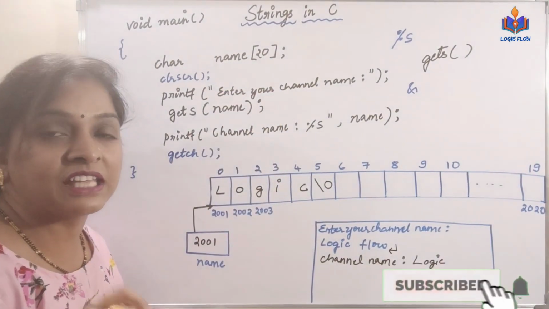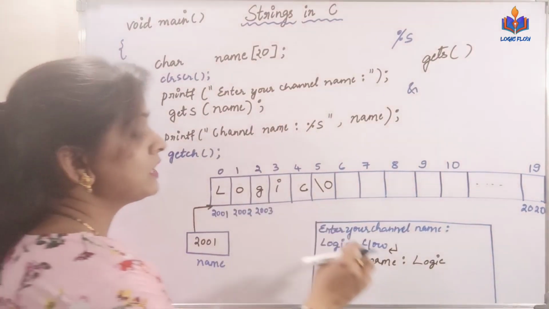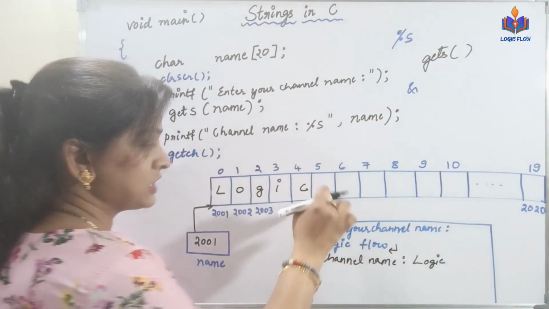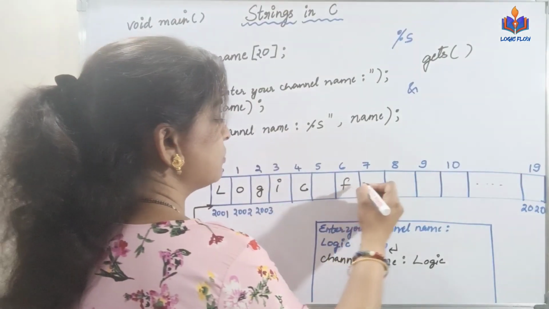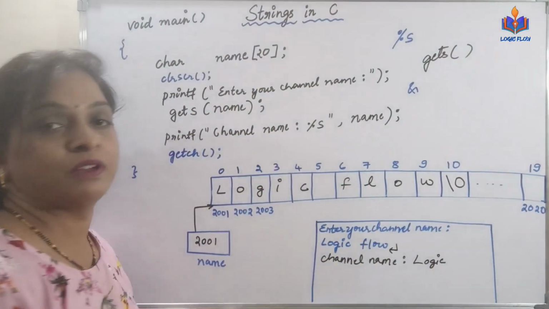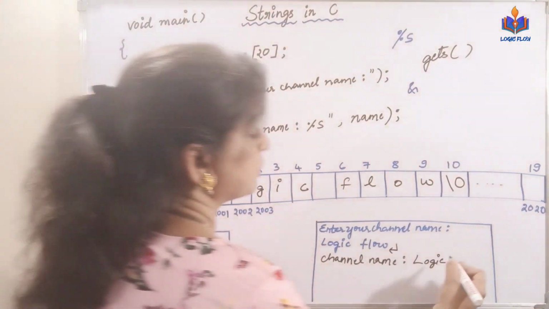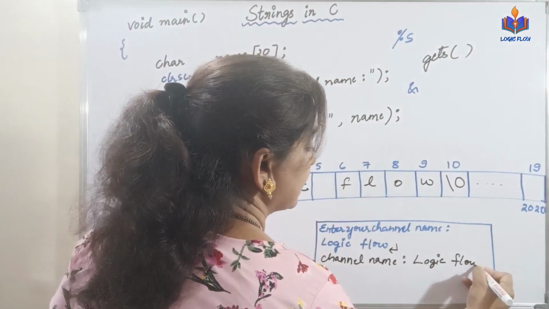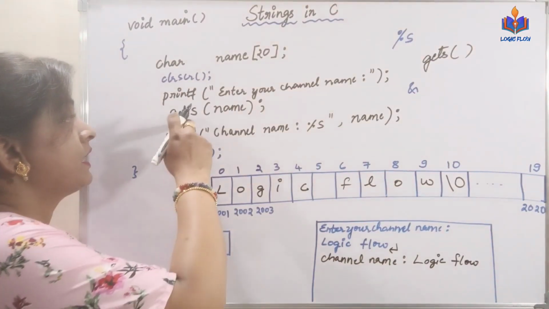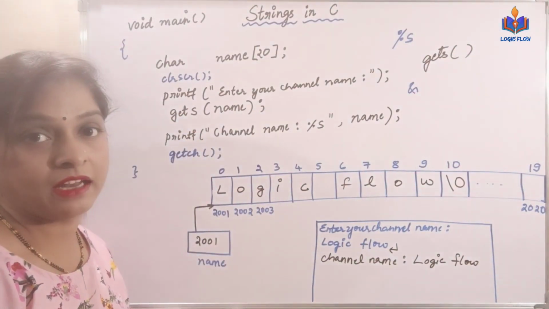So what will this gets function do? It will consider the white space also. So here you will have one space, then the values will be stored and then the null character will be appended. So my output will be like this completely. This is the difference between gets and scanf.